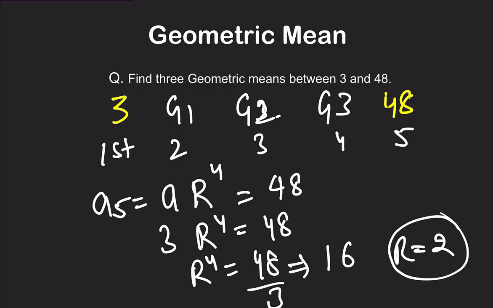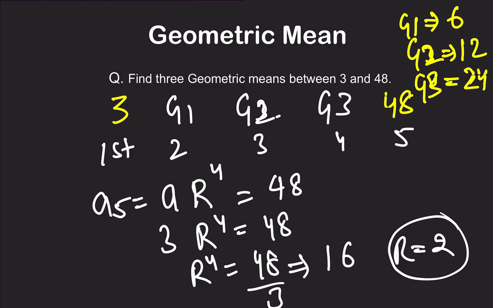When R is 2, how do you get G1? G1 is the first number, 3, multiplied by the common ratio, 2, so 6. G2 is 6 into 2, 12, and G3 is 12 into 2, 24. And this is how you can calculate the geometric means. I hope this is clear. I am making it fast because this is very similar to the arithmetic mean, which we have already completed. So don't worry there. It is very basic. You just need to know what exactly the definition or the term means, right?